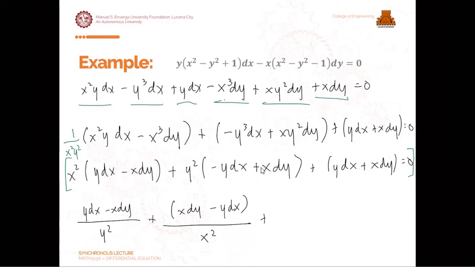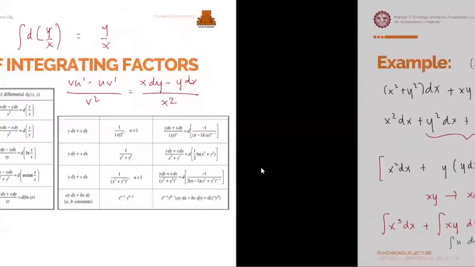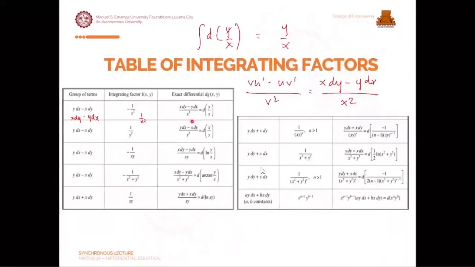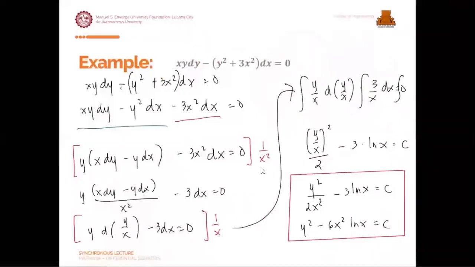This will be 1 over x squared y squared. And ito is pwedeng differential ng xy, no? Is equals to 0. So, makita natin, itong first term natin, y dx minus x dy over y squared is the same as differential ng x over y. So, second term natin is y over x. Okay?